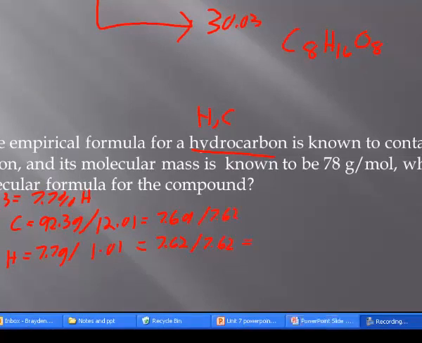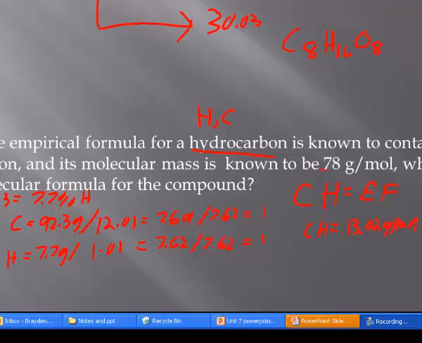So this one equals 1. The one above it also equals 1 with a negligible decimal point after that. So our empirical formula is CH. So now we've got to find the molar mass of CH, which is 13.02 grams per mole.